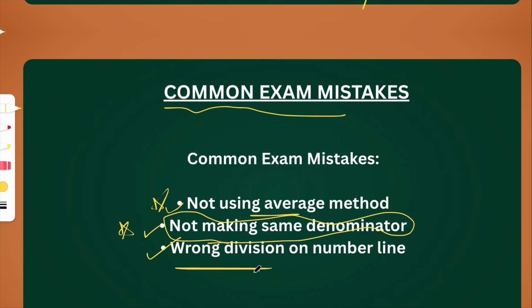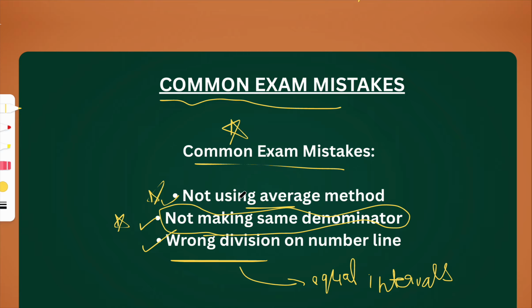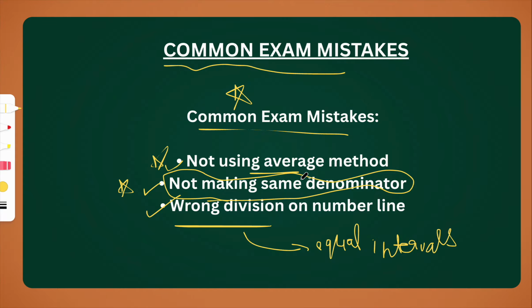Students generally do not take equal intervals. You should always take equal intervals, then only your number line will be correct. You cannot take intervals like 1/3 then 5/7. Okay, these are some common examination mistakes. You should avoid these types of mistakes. You should use the average method, you should always make the denominators the same while using the fraction method, and you should divide the number line into equal intervals.